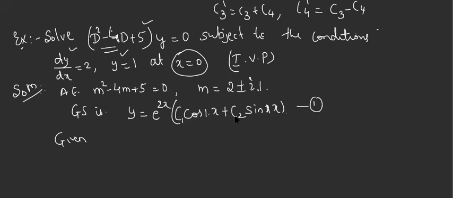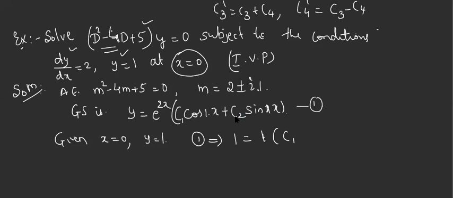So I'll use this condition. Given x equal to 0, that time y is 1. So in the whole equation, where you have x, take it as 0 and y as 1. See what you will get. y is 1. What is e raised to 0? C1 is equal to 1.